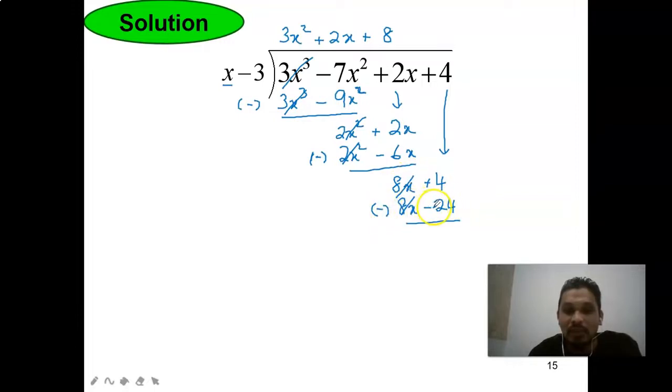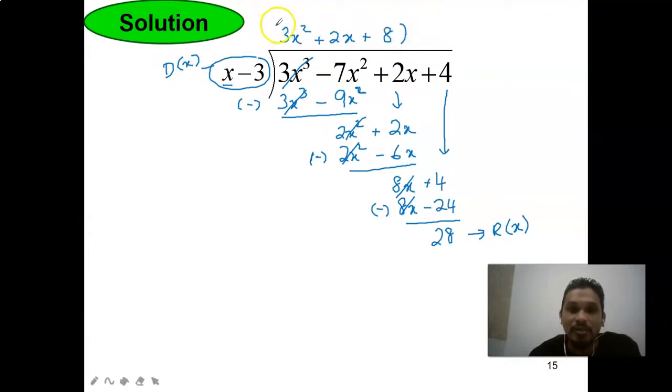Negative times negative equal to positive, so 4 plus 24 equal to 28. So then class, this is your remainder r(x). This is your divisor d(x). And this is your q(x), the quotient.